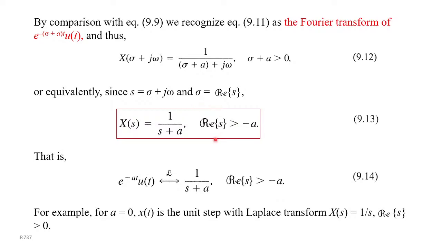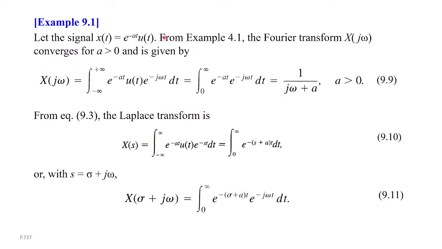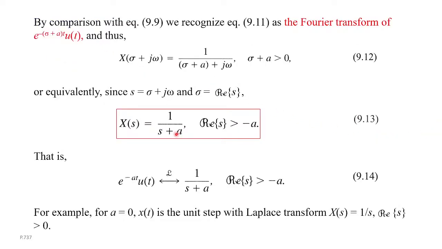When you solve differential equations, you are going to use them, just as when we solve differential equations with the Fourier transform, because these complex exponential decays are nice functions. Anyway, so we found out that exponential decay is very similar to the Fourier transform.